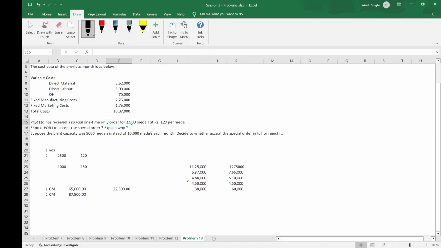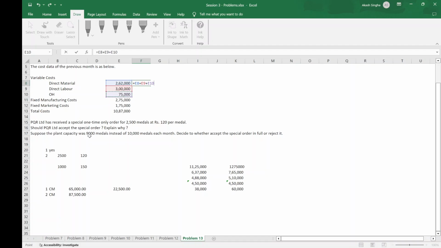So PQR Limited has received a special one-time order of 2500. Should PQR Limited accept the special order or not? Explain. Right. So we have to calculate our variable cost per unit. Total variable cost is this plus this plus this, right?